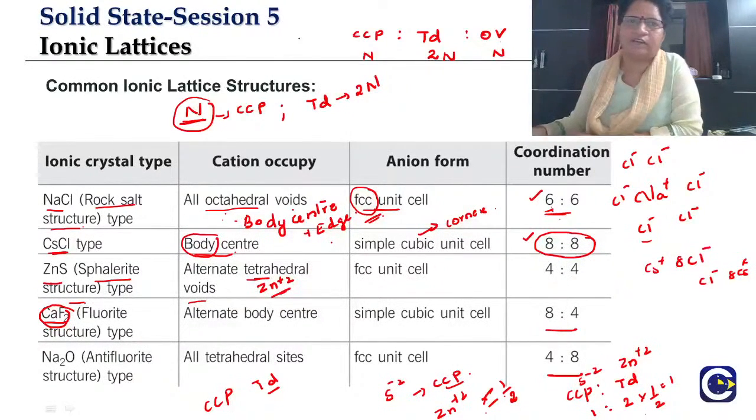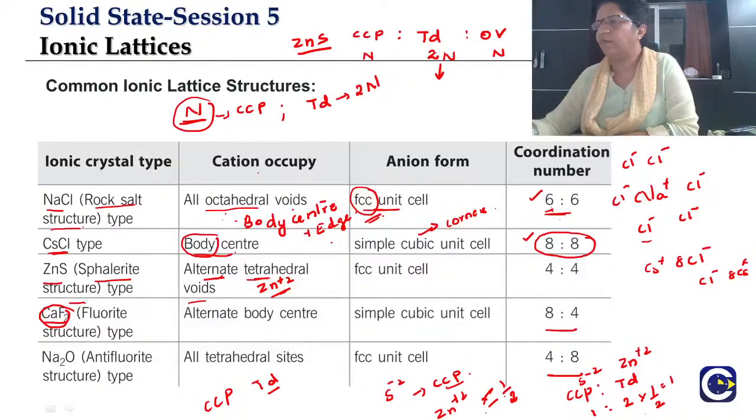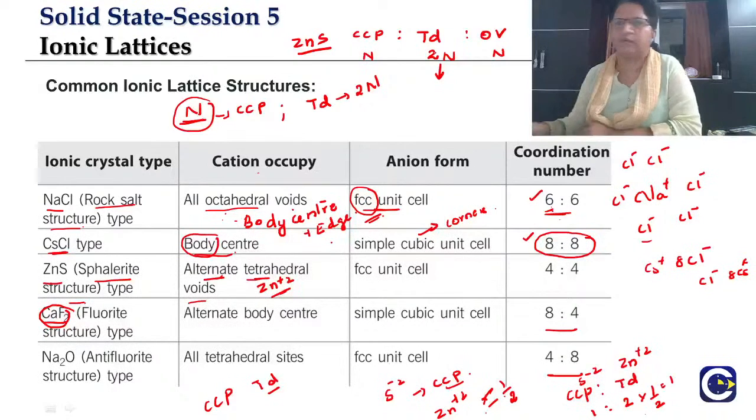So if I take the zinc sulfide structure, what is given? The cations will occupy alternate tetrahedral voids. What do they mean by alternate tetrahedral voids? If there are 8 tetrahedral voids, only 4 will be filled up. So only half is filled.